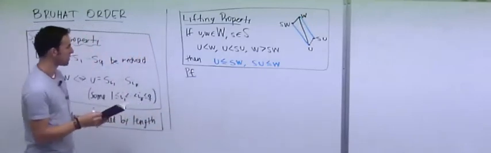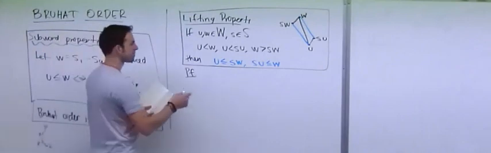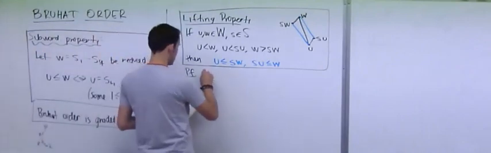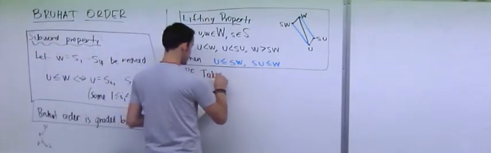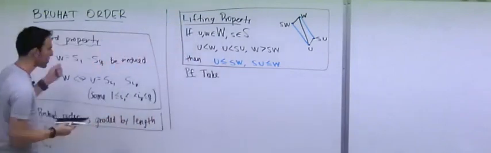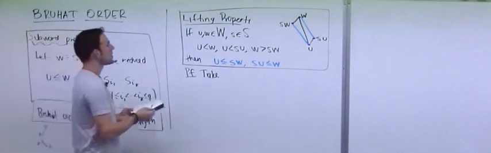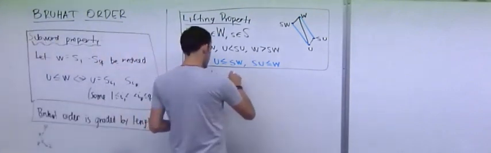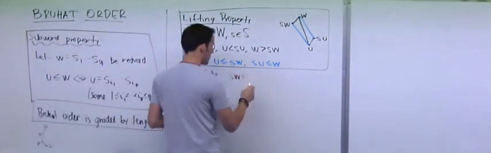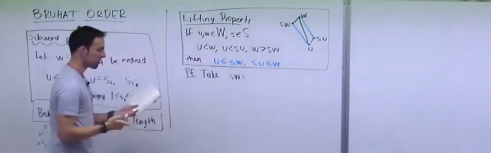So let's go ahead and prove this. The way I'm going to prove this, and the way I'm going to prove a lot of things is through this subword characterization. So let me just pick some reduced word for SW.